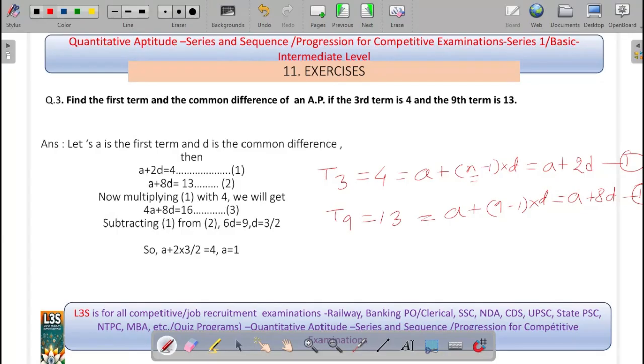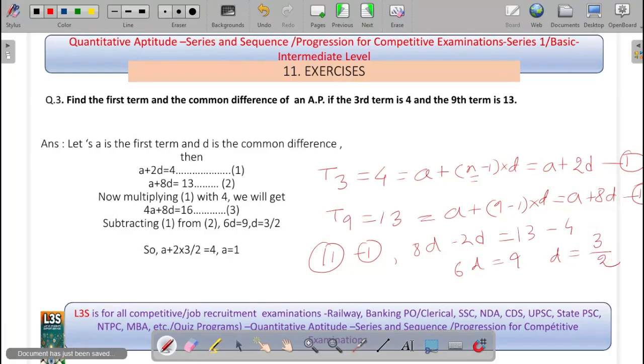Subtracting 1 from 2, we get 8d minus 2d, a cancels, equal to 13 minus 4. So 6d equals 9, so d is equal to 3 by 2 if we simplify.